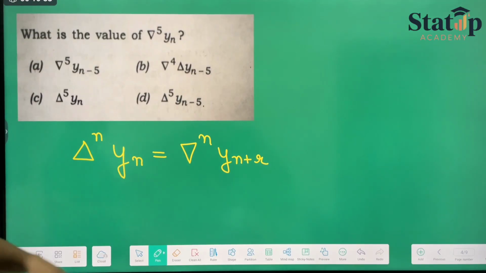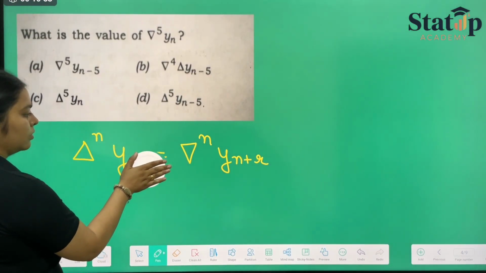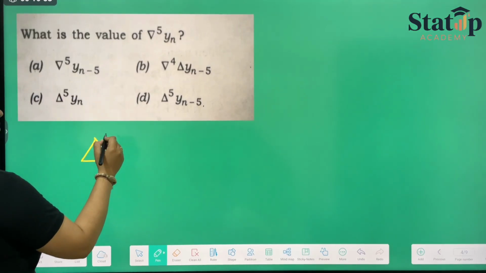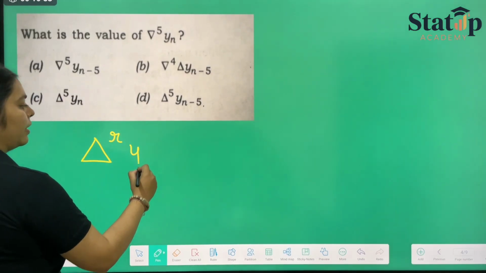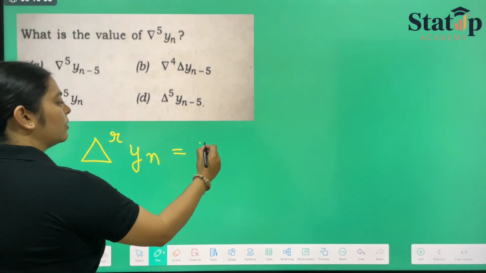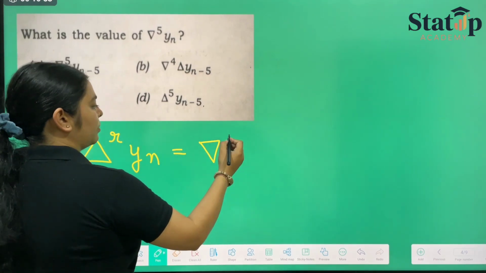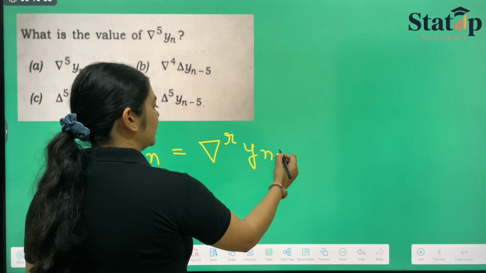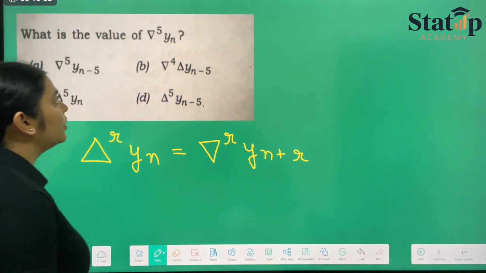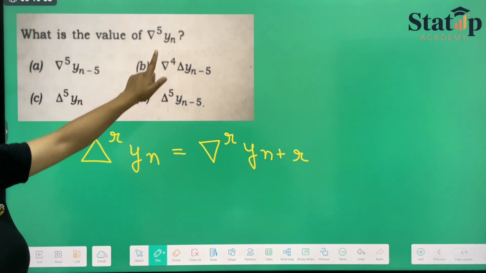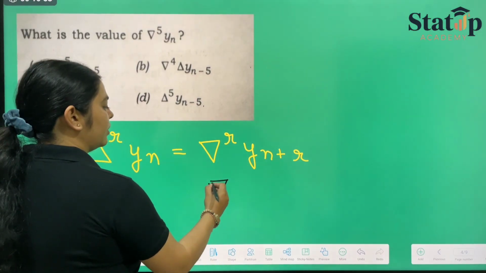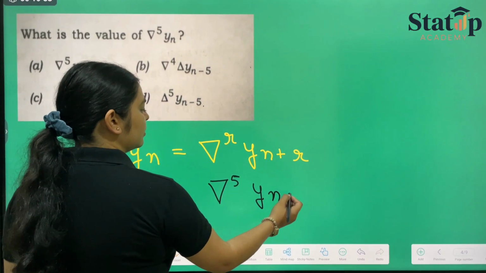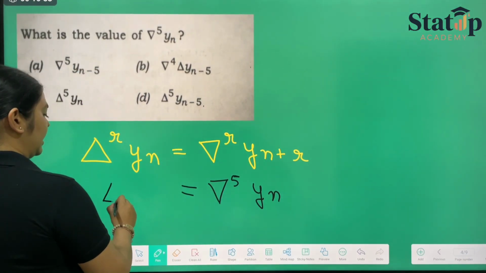Delta^r y_n is equal to inverse interpolation r, y_(n+r). Now here they have given us inverse. So it is given as inverse delta^5 y_n is equal to delta.